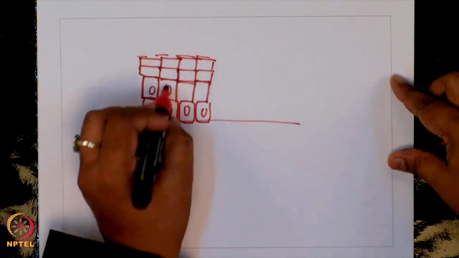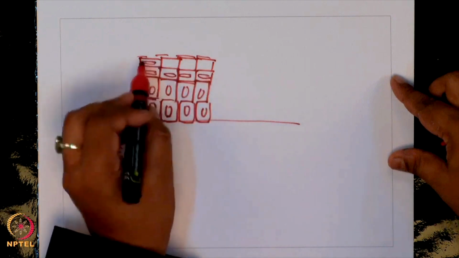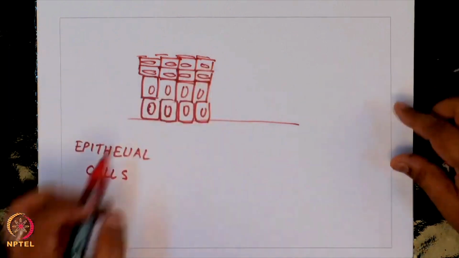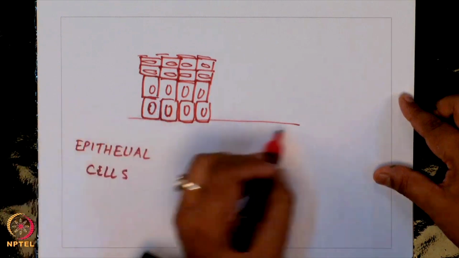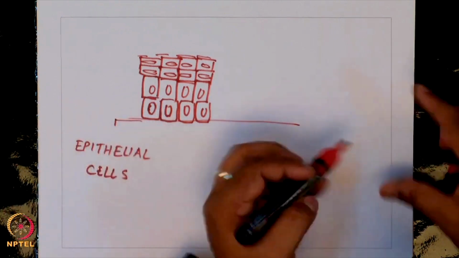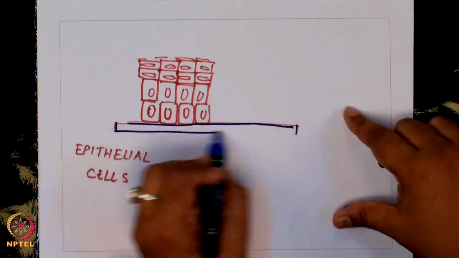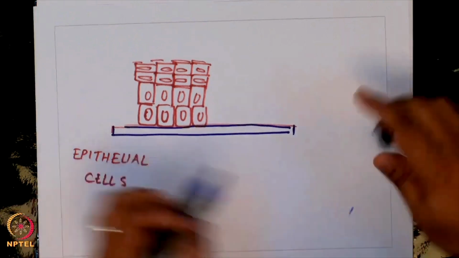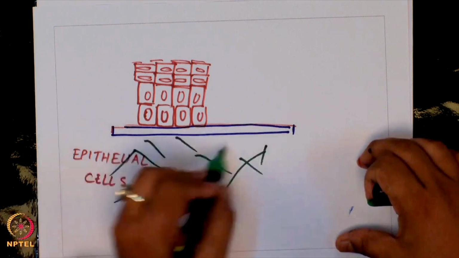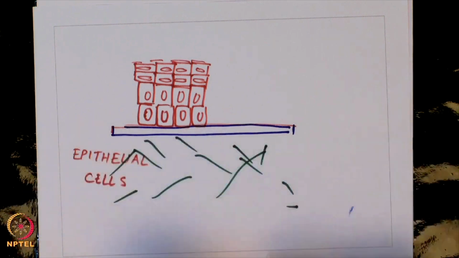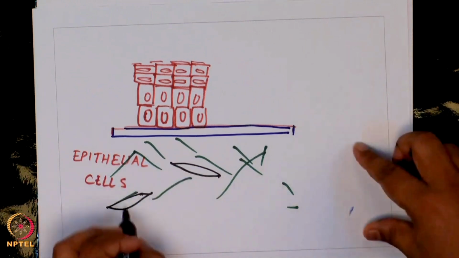You see the orientation of the nucleus is vertical. They lie on this membrane, and on the other side you have ECM matrices, and also the presence of fibroblasts. So, these are fibroblasts.